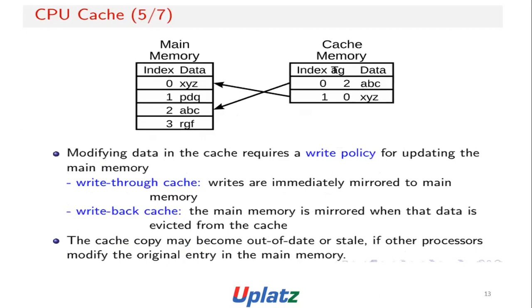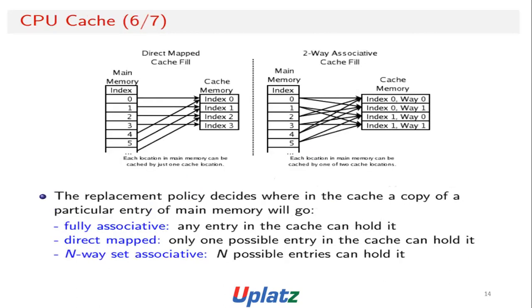Modifying data in the cache requires a write policy for updating the main memory. Write-through cache: writes are immediately mirrored to main memory. Write-back cache: the main memory is mirrored when data is evicted from the cache. The cache copy may become out of date, or stale, if other processes modify the original entry in the main memory.